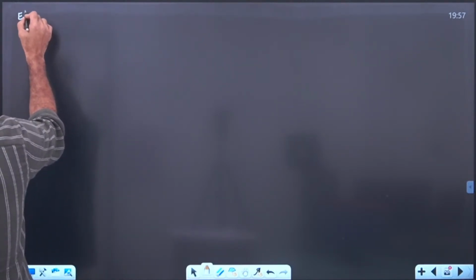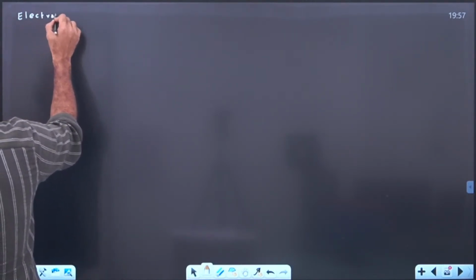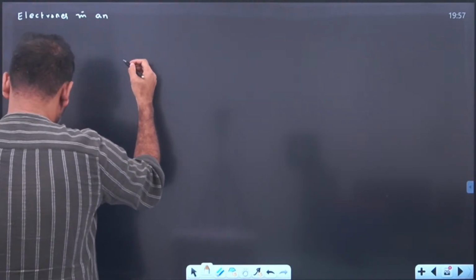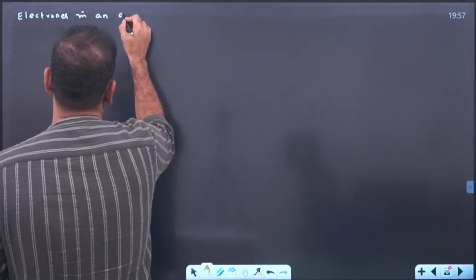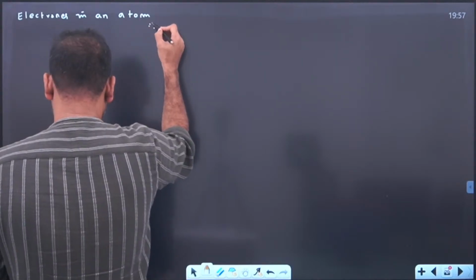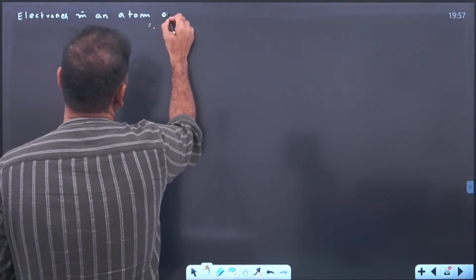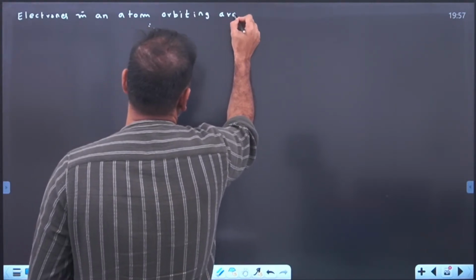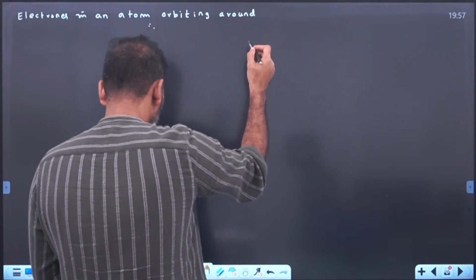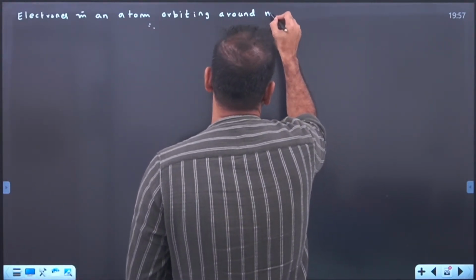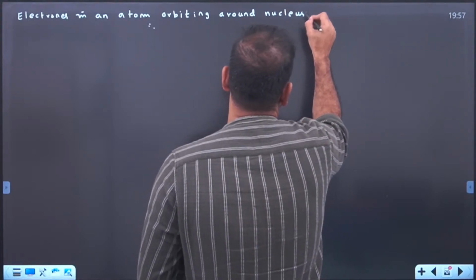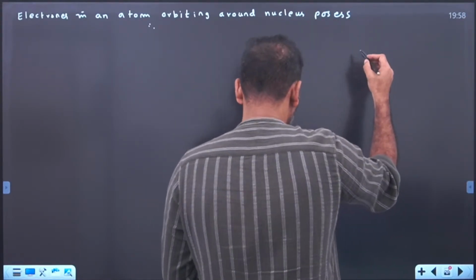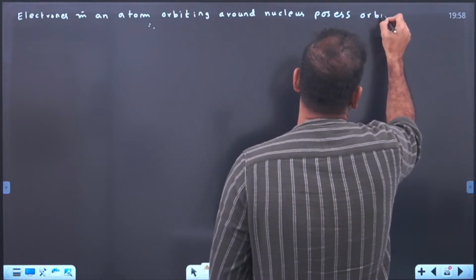Explanation of diamagnetism. Electrons in an atom orbiting around the nucleus possess orbital angular momentum.